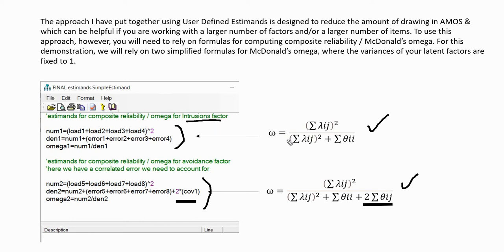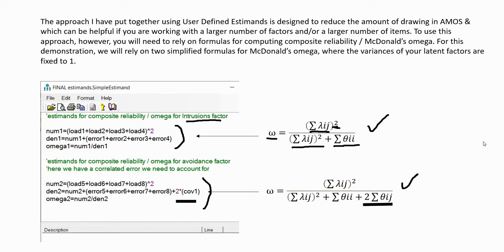In the numerator for the omega formula, we have a summation followed by lambda ij's. Basically sum up the items that are associated with factor j, and then square the sum of the factor loadings. These are the unstandardized factor loadings. Once again, sum the unstandardized factor loadings for those items associated with factor j and then square them. And then in the denominator, we have what we just computed in the numerator plus the sum of our measurement errors.